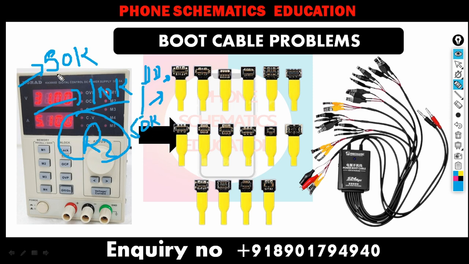So whichever phone has the same circuit, that phone turns on with the boot cable with the compatible connector. But when the circuit mismatches and you try to turn on your phone, it shows something like 30, 40 milliamps, 60 milliamps. After you release the power on/off button, it goes back to 0. So you think there is a secondary line short or CPU problem.